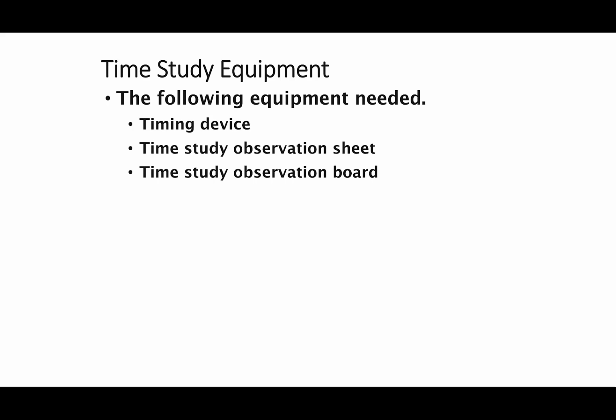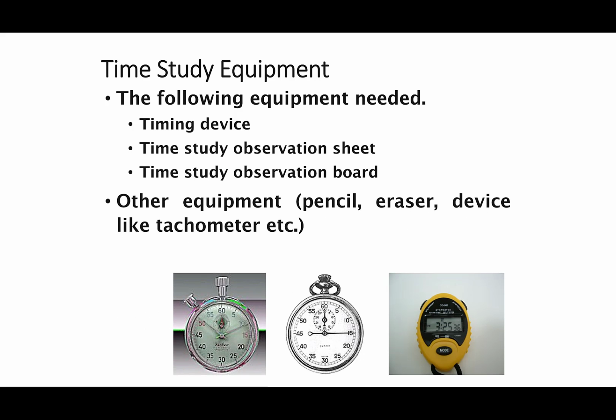The time study equipment, as I said, includes the timing device, study board, and study observation sheet. These are the kinds of stopwatches. This is the knob A I was talking about, and this is knob B, which is simply pressed. This is the non-flyback type of stopwatch.